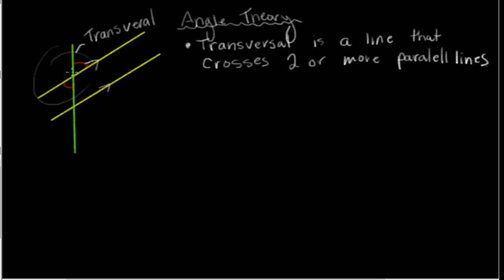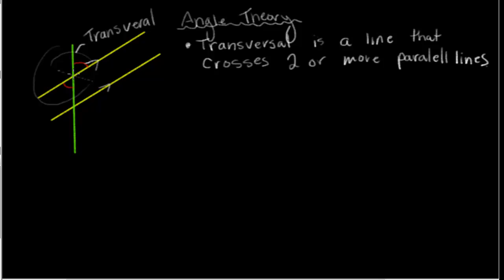If I folded the paper directly in the middle there, they would overlap each other. The yellow line would go to the yellow line, and the green line would go over top of the green line. So if we measured these angles, they would be exactly the same.